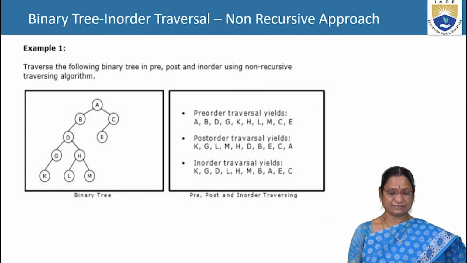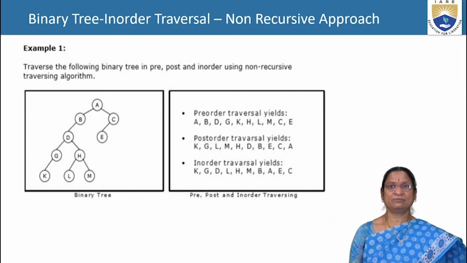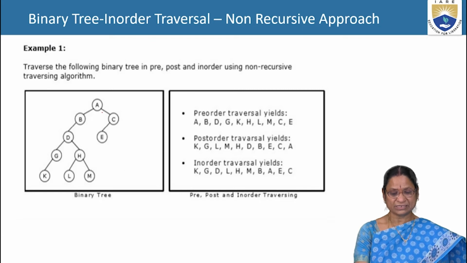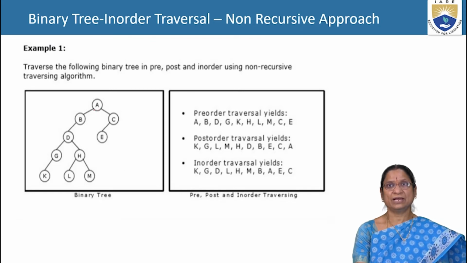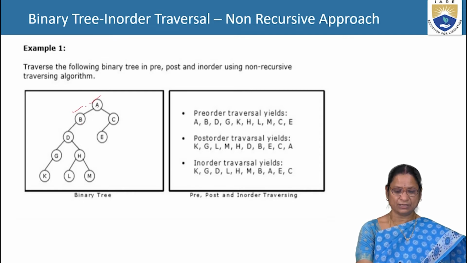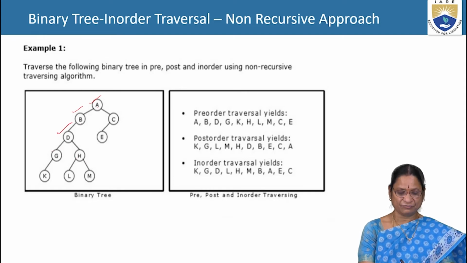Let us assume that this is the given tree, and we will write the traversal using our previous techniques. In pre-order traversal, first the node has to be processed, then left. So first A, then B, and third is D. After the left node comes G, then K, and no right for G, so it will be removed.